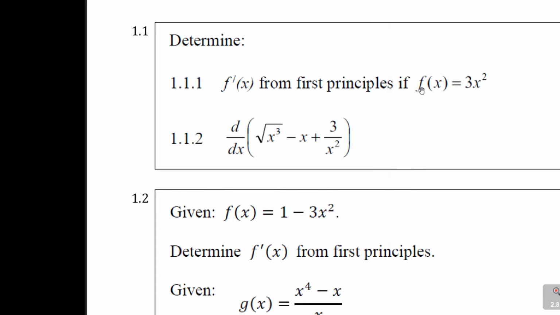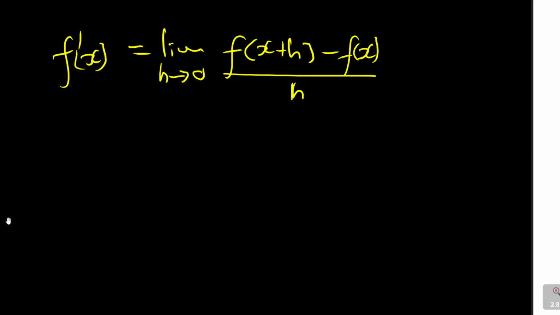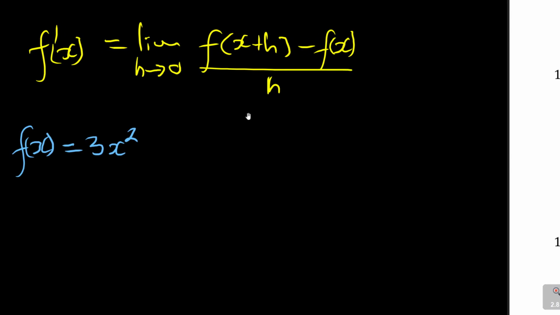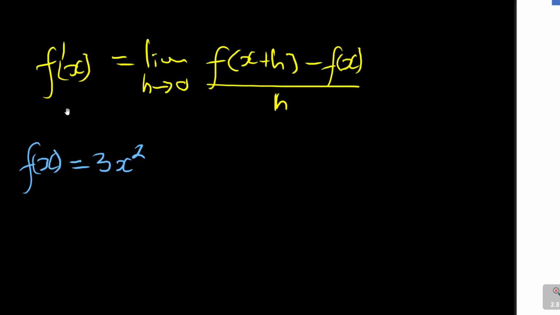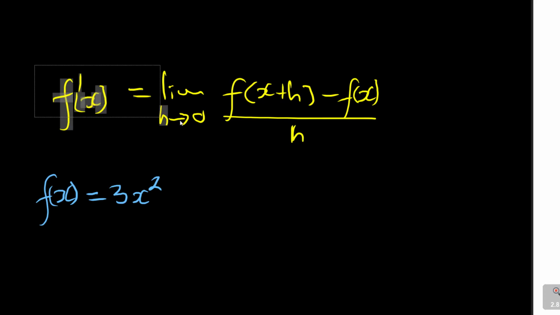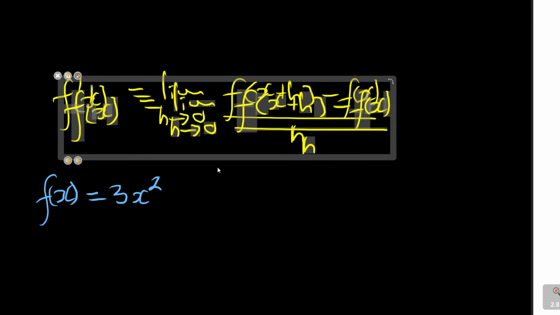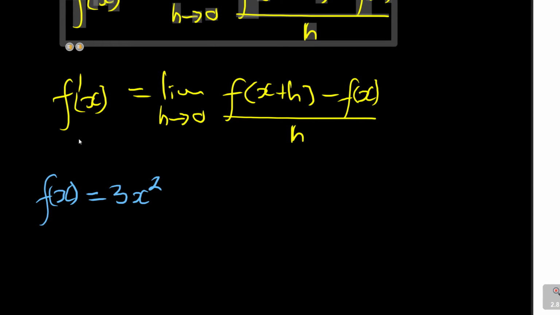So look at this first one, f of x is equal to 3x squared. You need to write this formula in bits. So how does this formula come about? Let me duplicate this formula because I want to keep on using it. Let's put the original one on top.